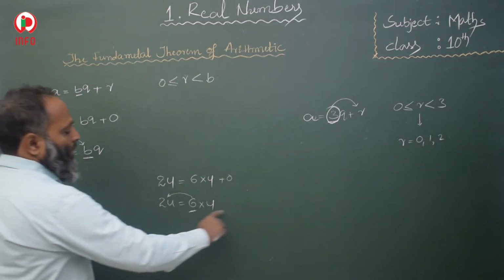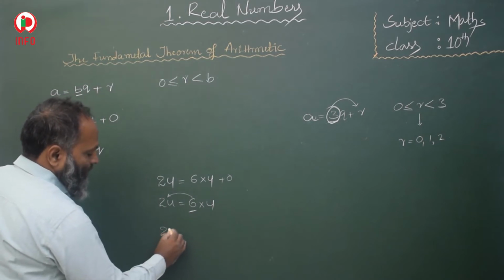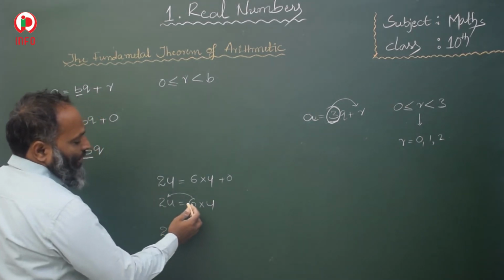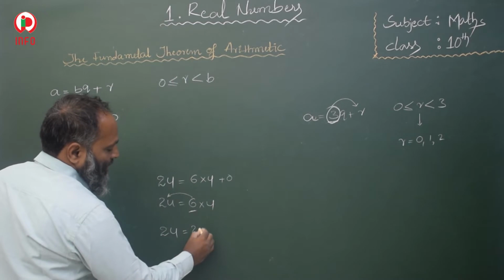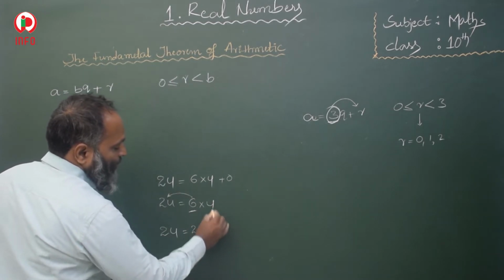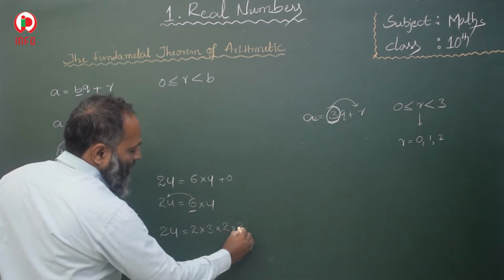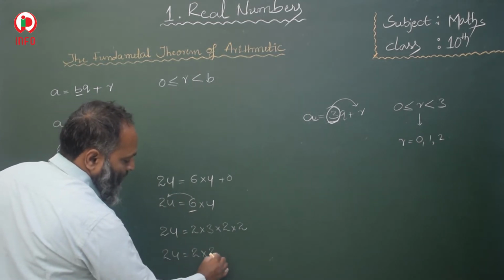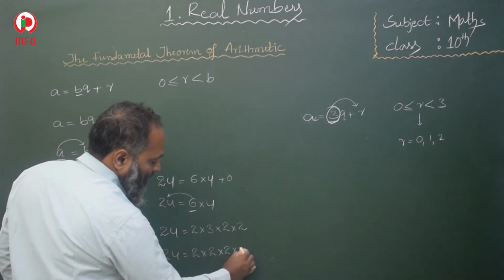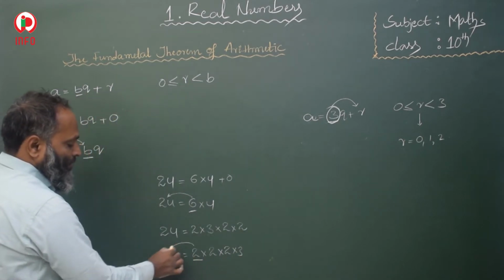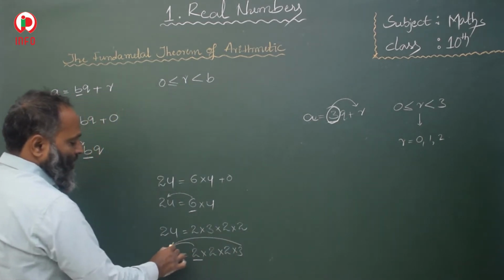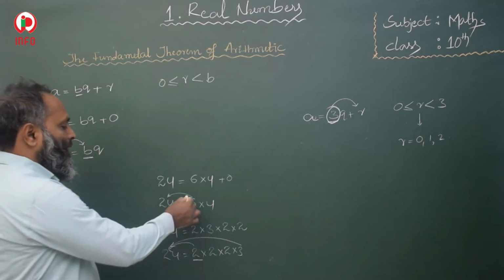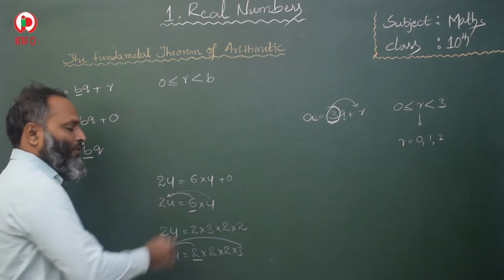If you write all the prime factors of 24, 6 means 2 threes and 4 means 2 twos. So 24 is equal to 2 into 2 into 2 into 3. Then 2 is a factor of 24 and 3 is also a factor. 6 is also a factor of 24 and 4 is also a factor of 24.